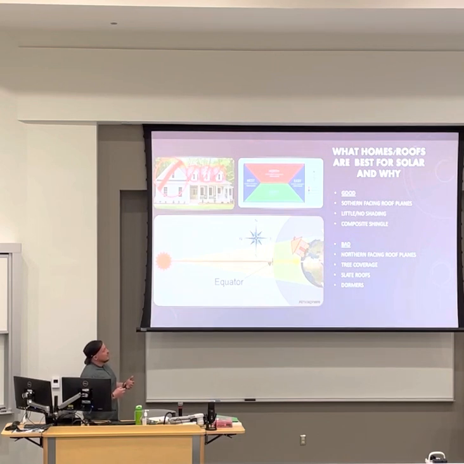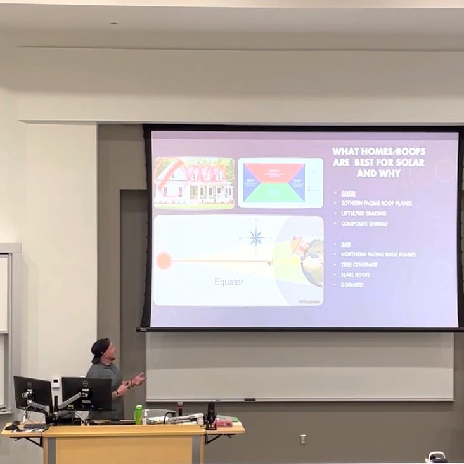So south-facing roofs in the United States are the best roof sections for solar, subtracting all the trees. Northern sections of roofs are the absolute worst, and East and West are kind of like a C average student, all right? They're, okay, I passed, but not the best.